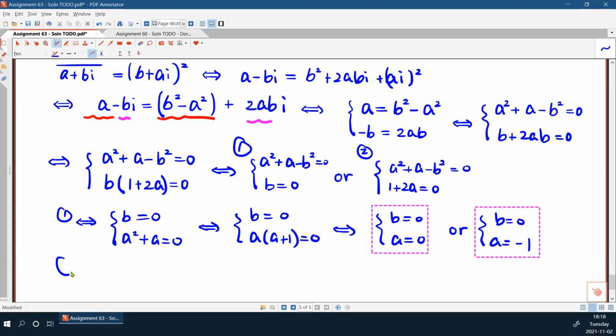So these are possible solutions for a and b in the first system. And in the second system, number 2, this is equivalent to, first, a is minus 1 over 2, right? And second, we can just put a equals minus 1/2 into the first equation, which is 1/4 minus 1/2 minus b squared is 0, right?